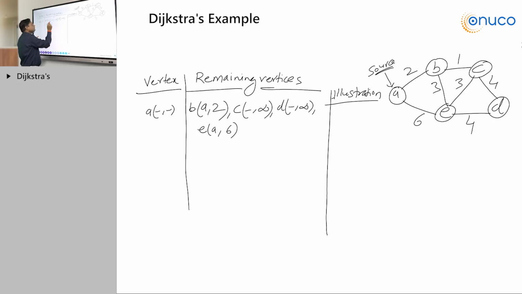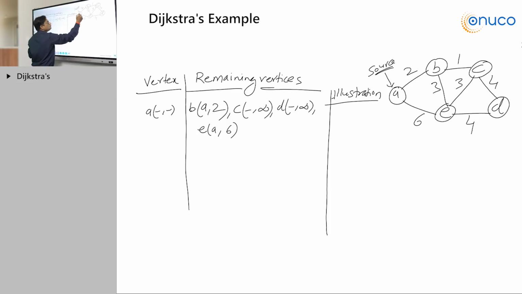From A, we have two possibilities: either go to B, or go to E. But as the greedy method says, we prefer the lesser value because we are finding the shortest distance, not the maximum. So among these, 2 is the minimum.